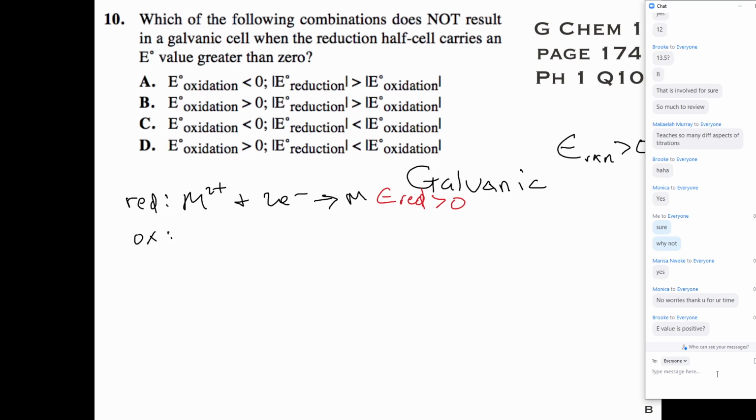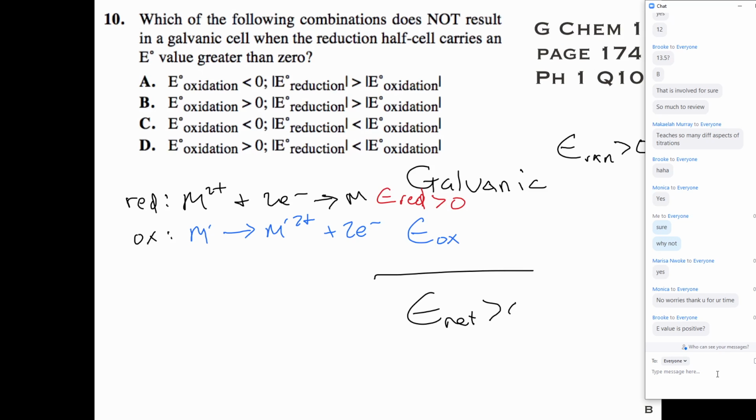So the E naught is greater than 0. And the oxidation is going to be metal prime going to metal prime 2+ plus 2 electrons, with an E oxidation. Overall, when I add them together, E net has to be greater than 0.